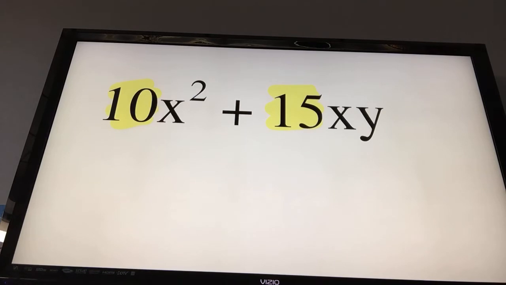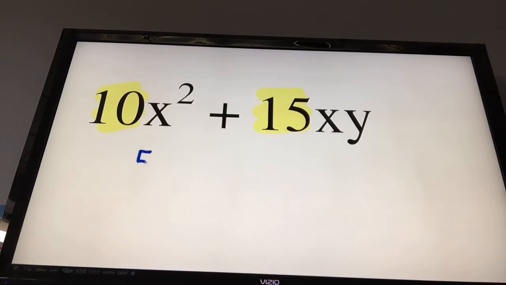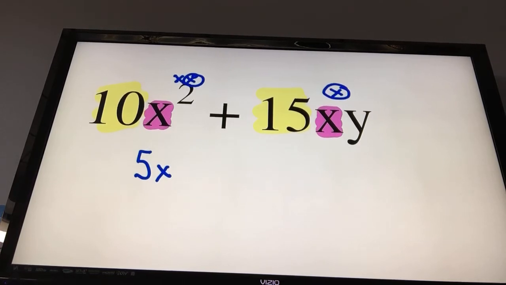All right, 10 and 15, is there a common number to both of those? Are you raising your hand or you actually giving me the answer, or both? It is 5. They both have an x. One is to the power of 2, one is to the power of 1, so 1 is common. They do not both have a y, so y is not common to both terms.